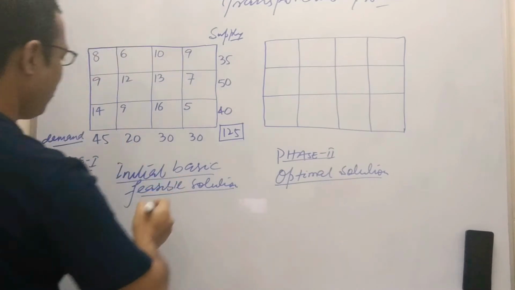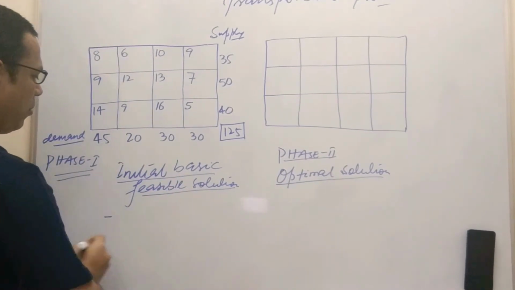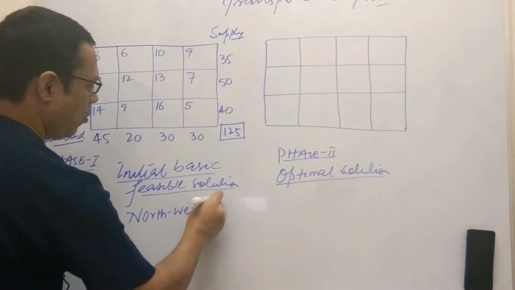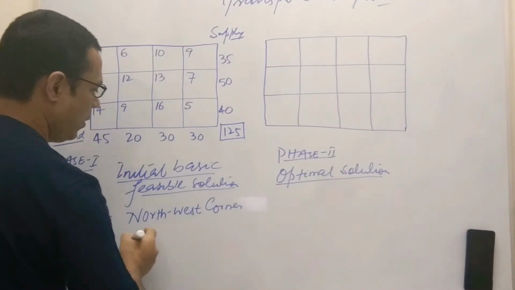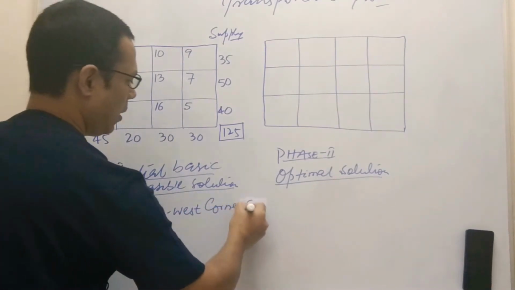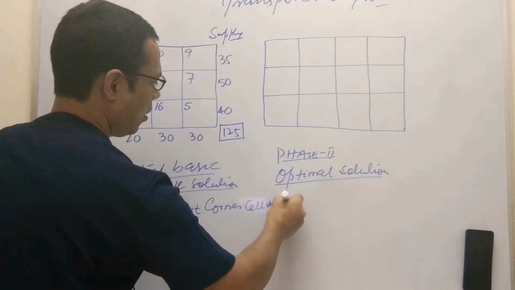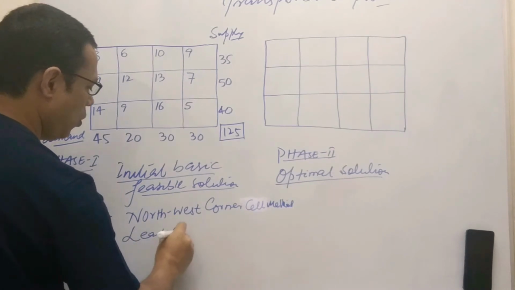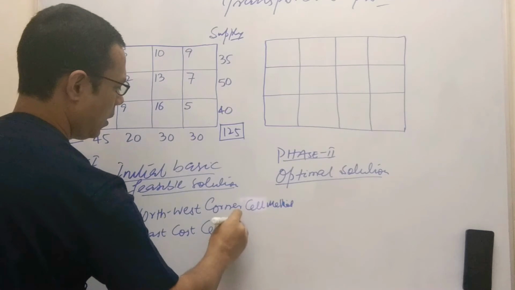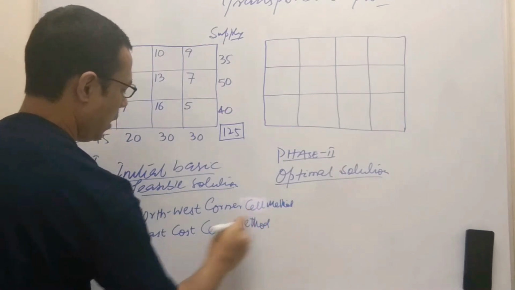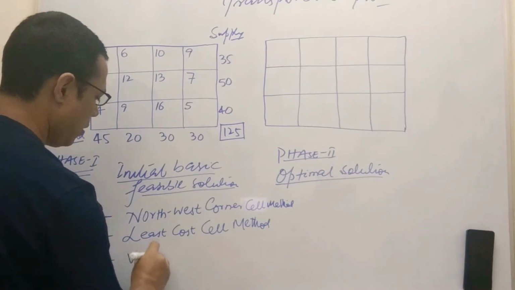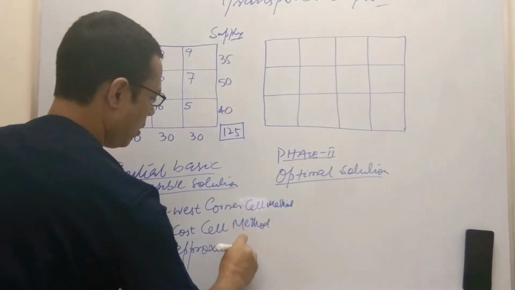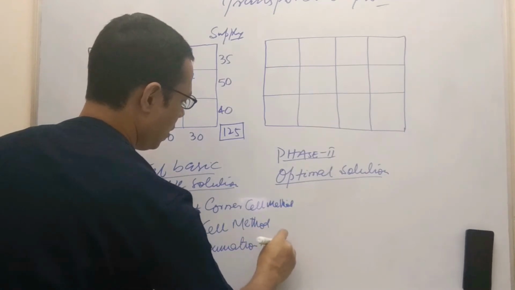Now we can proceed to solve this type of problem. For the initial basic feasible solution, there are three approaches: first, the northwest corner cell method; next, the least cost cell method; and next, Vogel's approximation method.